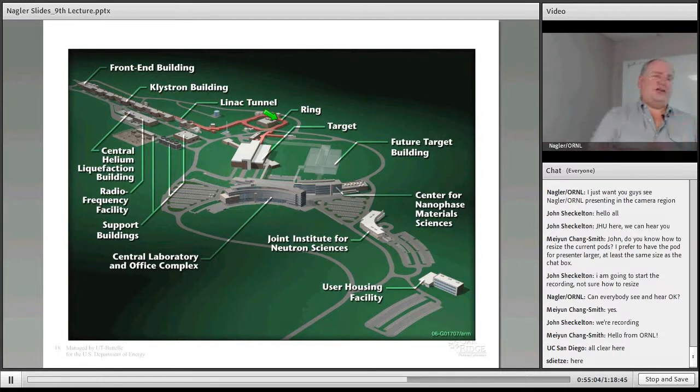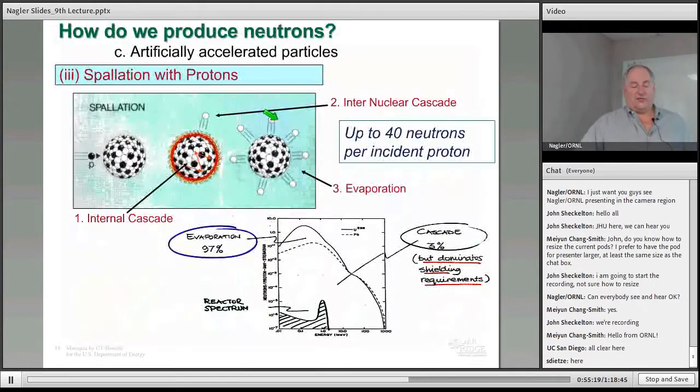And when the protons hit that assembly, they smack into the mercury, they cause spallation, they make the 4 pi source of neutrons. And around that target, of course, we have to place moderators. So what's the net result? Well, here's the spectrum compared to a reactor spectrum.